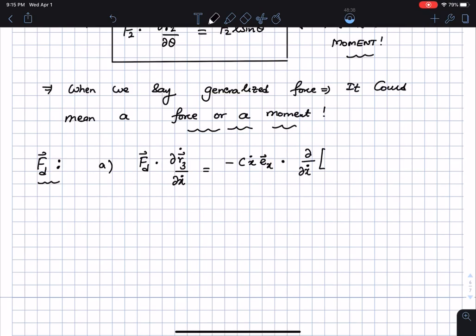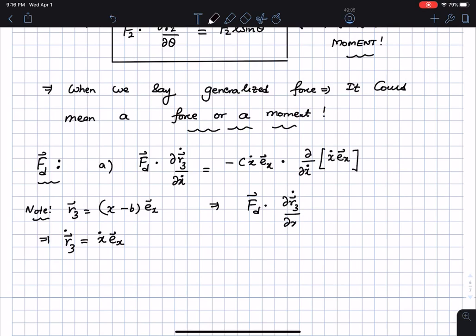So I just want to make a note. R3 is x minus b ex, which means that r3 dot is going to be x dot ex. If I do the dot product, this will end up giving me Fd dotted with dr3 dot by dx dot is minus c x dot.